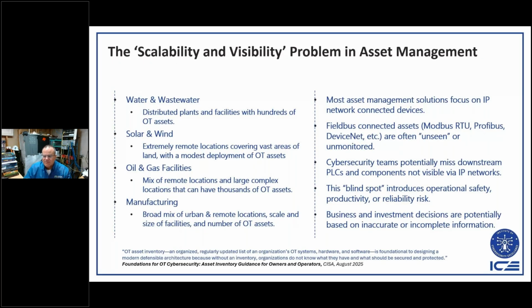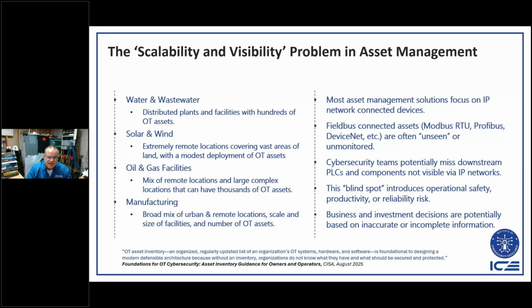That's more along the lines of just documentation, spreadsheets, and we see that, and we'll talk about that later as we look at the tools. But distributed water facilities could have hundreds of OT assets.